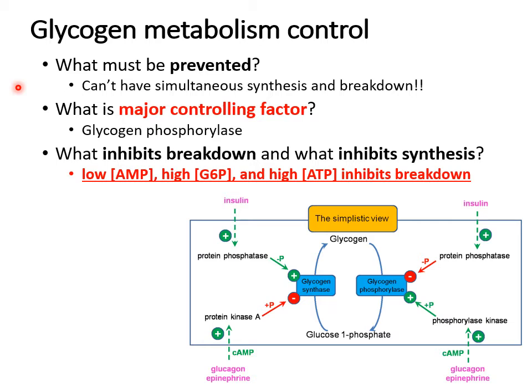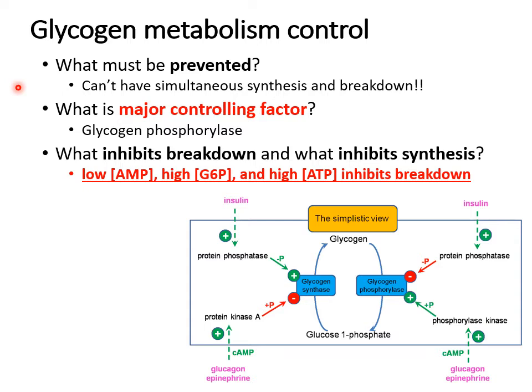It's able to be controlled allosterically, which we've talked about in the enzyme chapter. Allosteric control is when you get a change of shape of the active site or of the enzyme. And it's also able to be controlled by covalent modifications, which we also saw in the enzyme chapter.